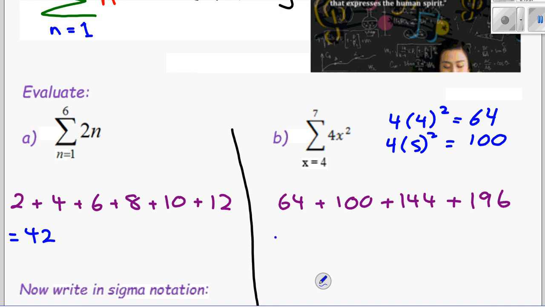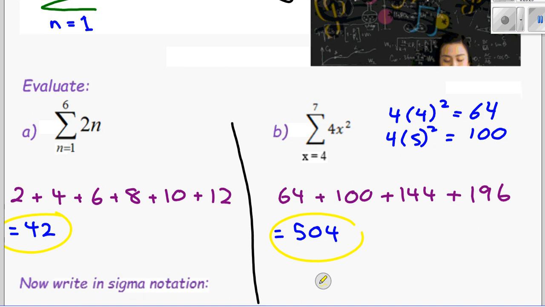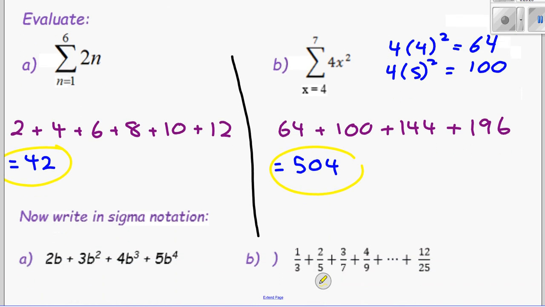Notice they're giving you nice ones where you don't have like 15 numbers to add together in this topic. And then same thing, they want you to write this in that form.